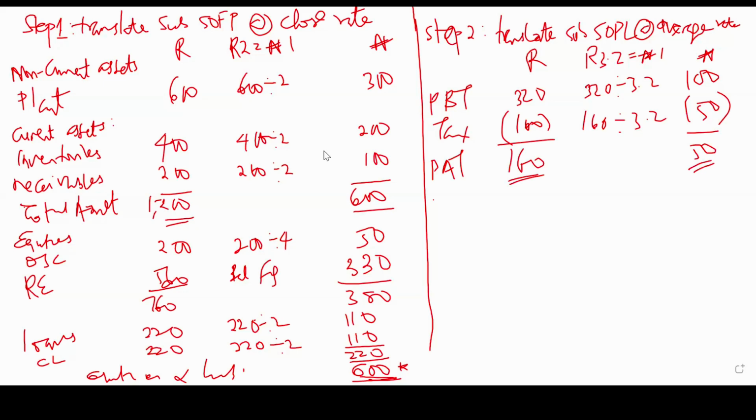Now, in terms of exchange difference, I want to know if by the time I compare what should have been my closing net asset with this closing net asset I have here, which is 380, would I have had an exchange gain or an exchange loss?